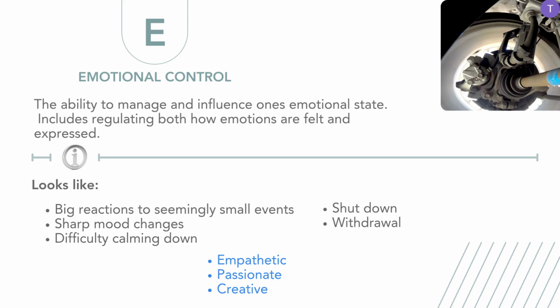And it can look like there's sort of two different patterns again. You can have these big emotional responses. You can have big reactions to seemingly small events, sharp mood changes, difficulty with calming down, especially once they've gotten upset. These are the kids that are extremely expressive, even though they might not be able to tell you a lot of details, but they'll let you know if they're not okay. But you can also have the opposite in that.